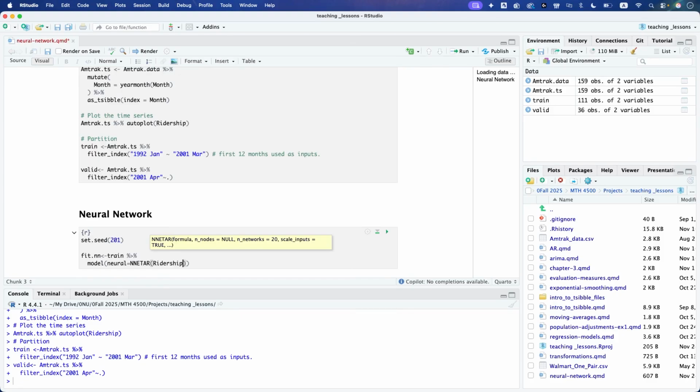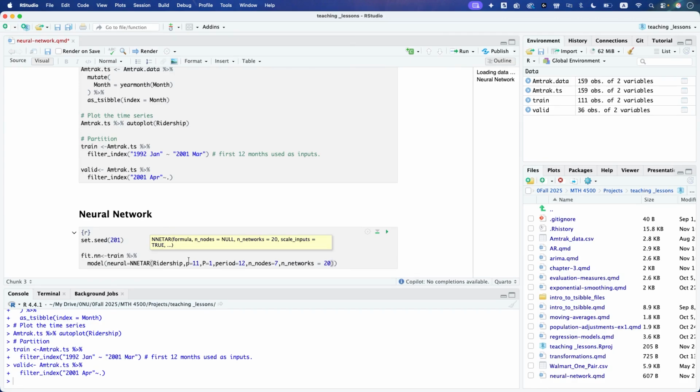And we can use one of the many syntaxes. So we can use a comma and specify multiple numbers: p equals 11, P equals 1, period 12, and number of nodes, specify this to be 7. I'm going to speak about all of these arguments in a second. It works. The default, by the way, is 20.